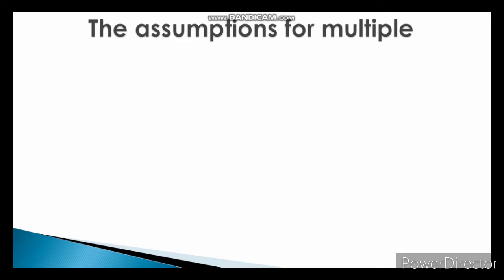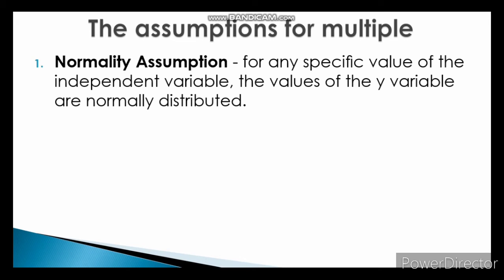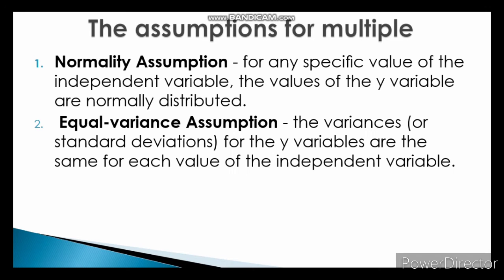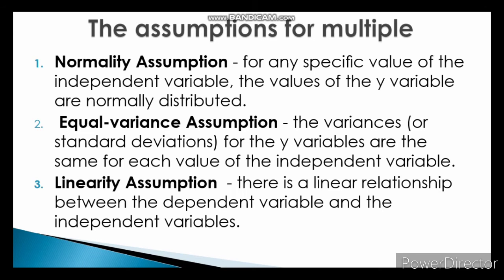The assumptions for multiple regression. Normality assumption. For any specific value of the independent variable, the values of the y variable are normally distributed. Second, the equal variance assumption. The variance for the y variables are the same for each value of the independent variable.